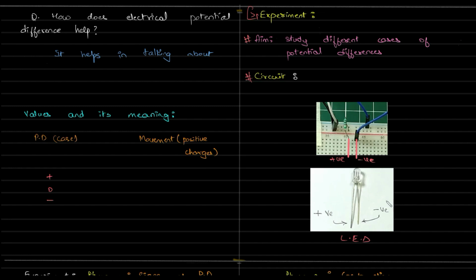So how this works is, if I connect the positive end to a higher potential energy and the negative end to a lower potential energy, there will be flow of current and the LED will glow. So basically connecting the positive to positive and negative to negative is the agenda. If you connect in that manner, it will glow.